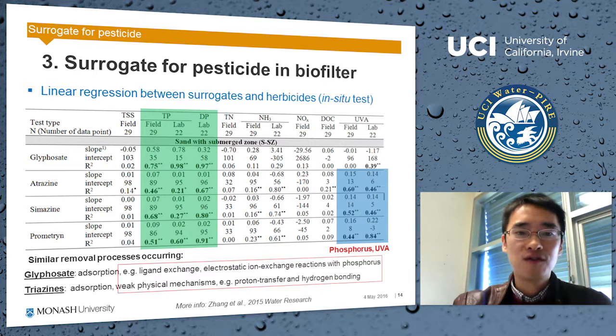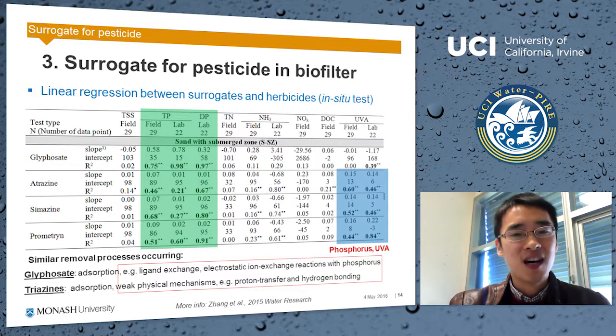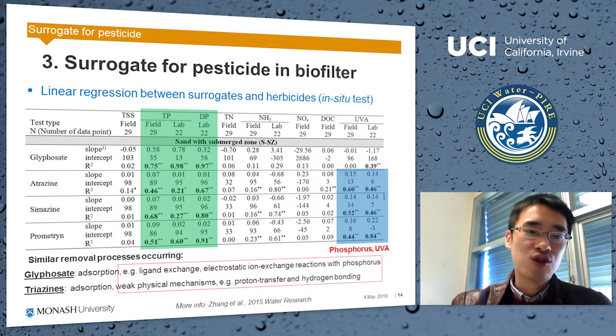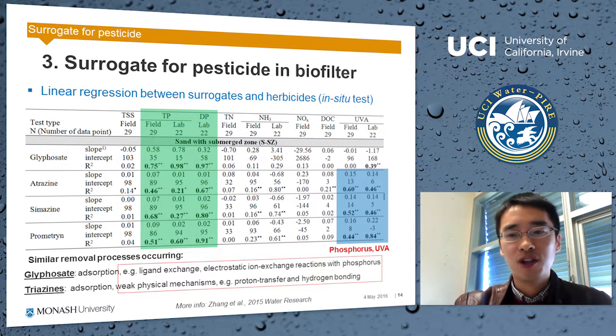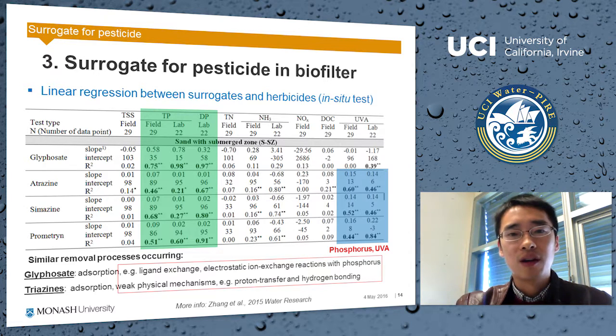Let's focus on total phosphorus and total dissolved phosphorus. We can see a very strong linear correlation between the reduction of phosphorus species and the pesticides we tested. We also found that UVA, which is ultraviolet absorbance, is highly related to the reduction of atrazine, simazine, and prometryn. So those 2 will be potential surrogates for pesticide removal in stormwater biofilters.